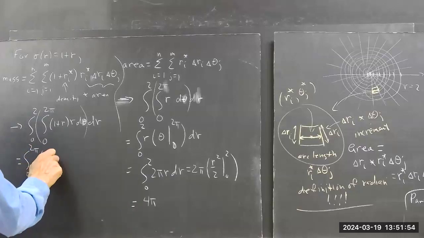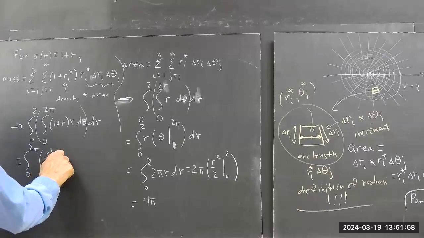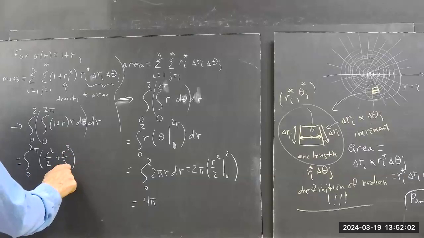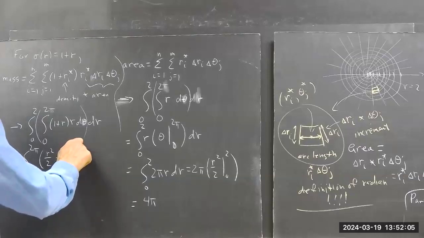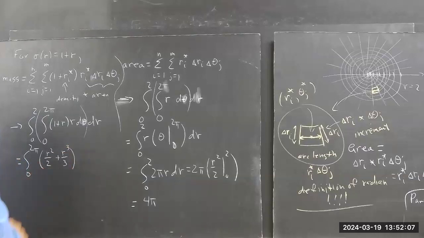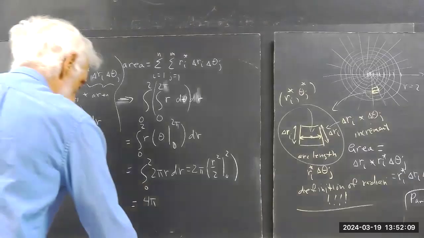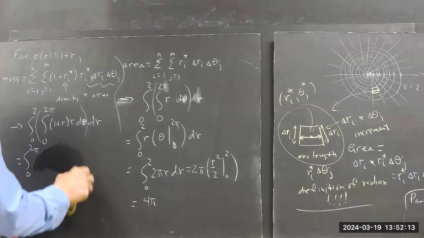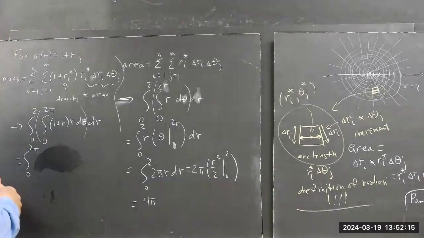Okay, well, this is just r squared over 2 plus r cubed over 3. Right now, we're just integrating theta.